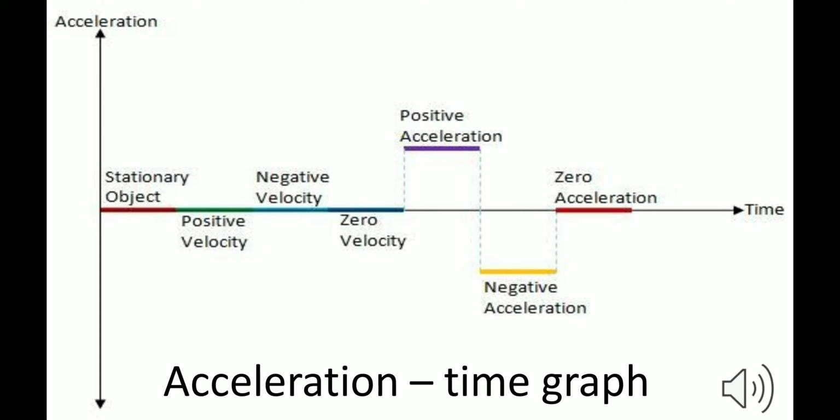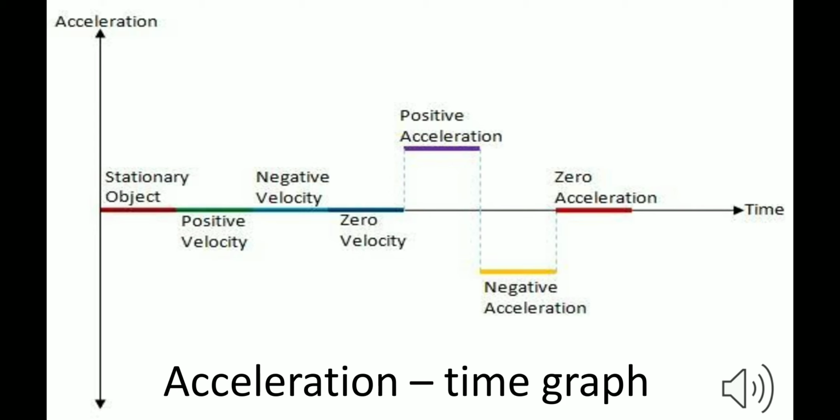If the body is moving with uniform velocity and the velocity is positive, that means it is moving in one positive direction, again the acceleration will be 0 because there is no change in velocity. So it will again show a straight line.